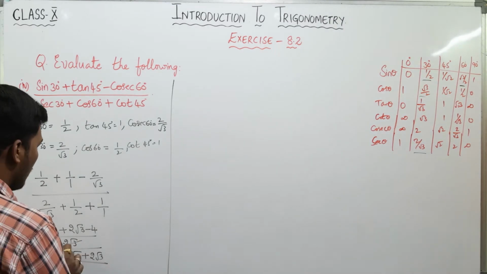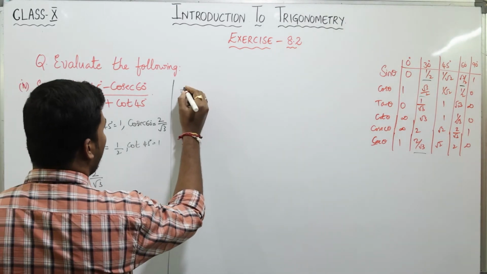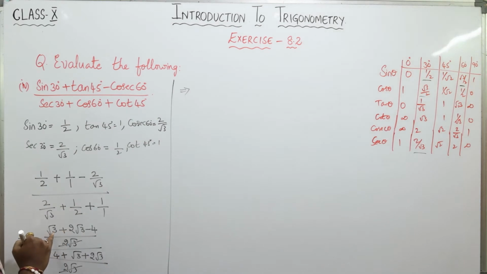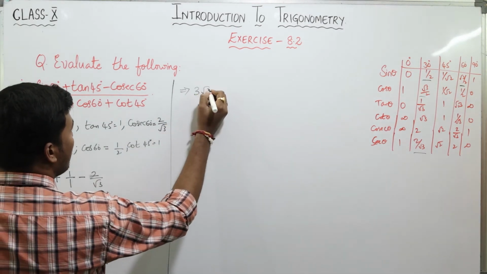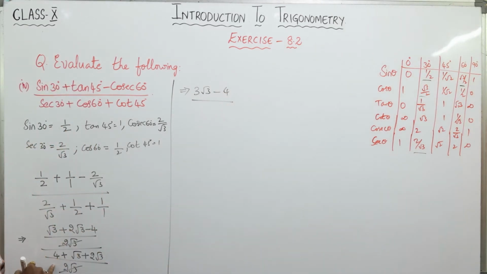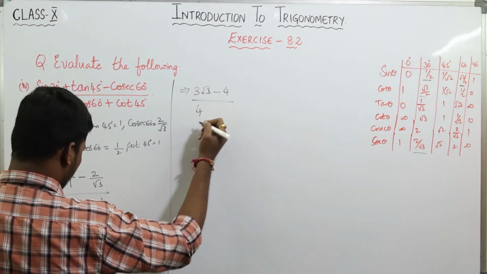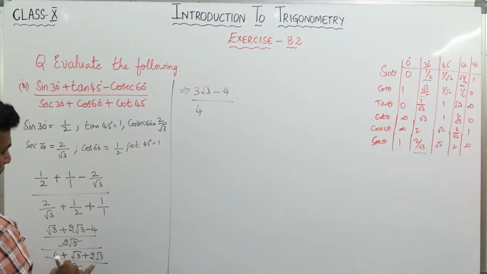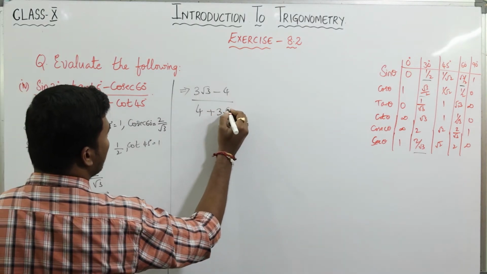Now this 2 root 3, this 2 root 3 gets cancelled. We are left with 2 root 3 plus root 3 will become 3 root 3 and minus 4 divided by 4 root 3. 4 plus root 3 plus 2 root 3 will become plus 3 root 3.